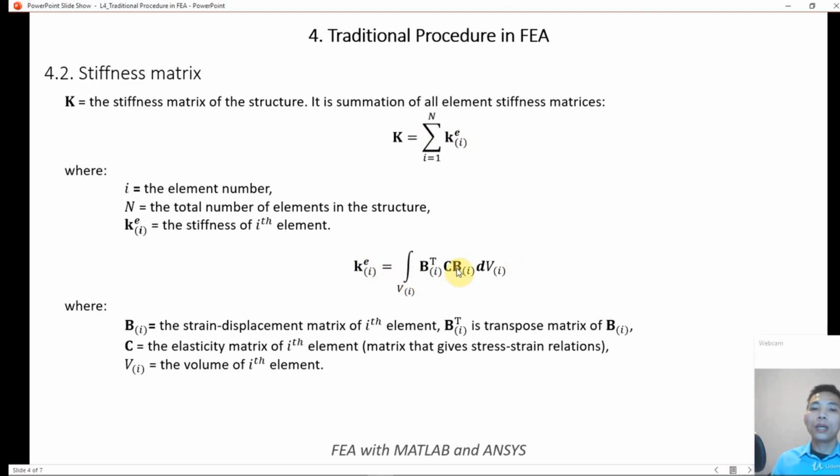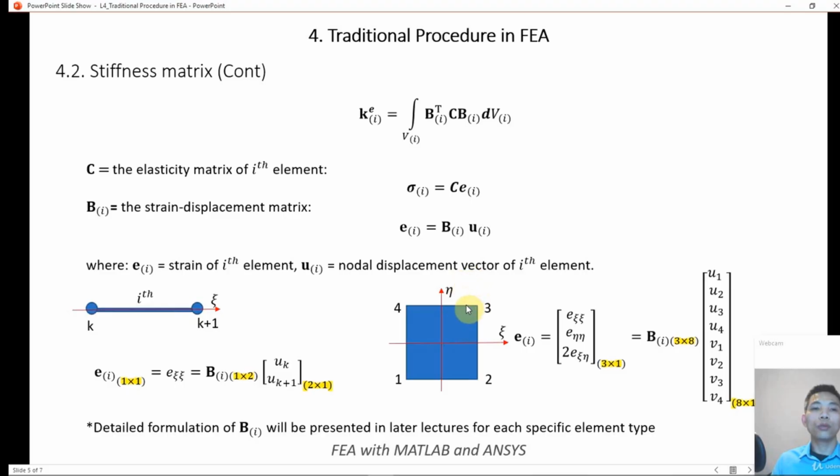Here B is the strain-displacement matrix of the element, B transpose is simply the transpose matrix of B, C is the elasticity matrix of the element, which is exactly the stress-strain matrix that we covered in lectures 2 and 3, and V here of course is the volume of the element. For more detail of explanation I can show you more here.